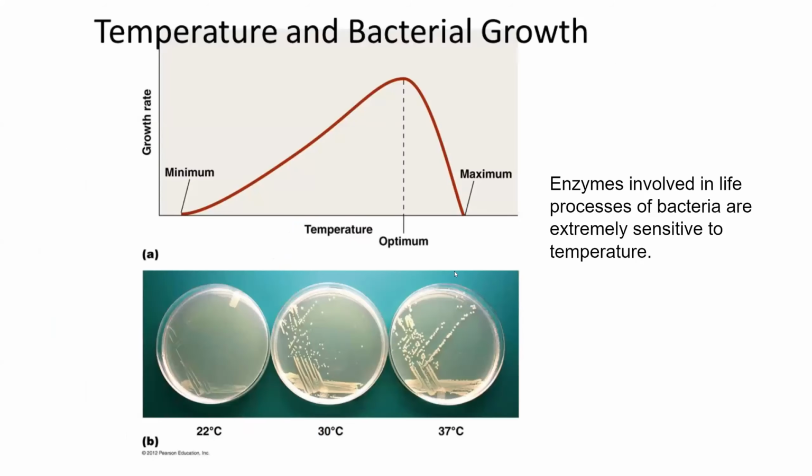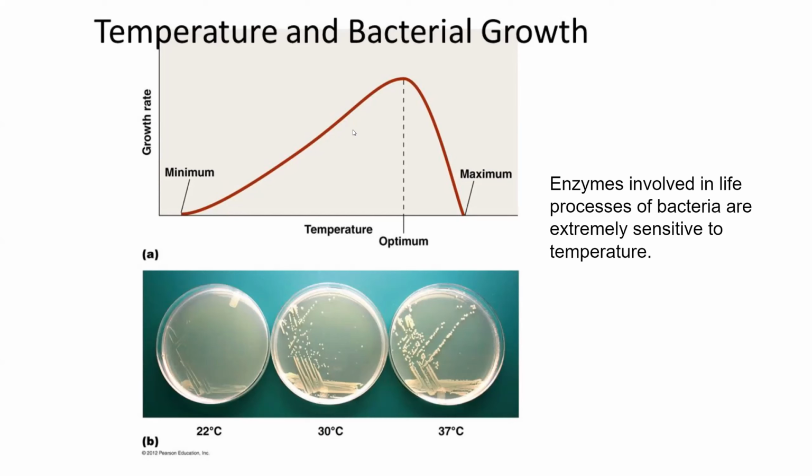If we were to look at a similar setup, we can grow bacteria on these agar plates. Agar plates are basically nutrients. There's nutrients inside of this jelly, this agar, and it's used to grow bacteria. We can see here that at 22 degrees Celsius, there is not much growth at all.